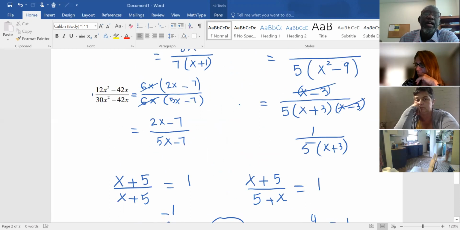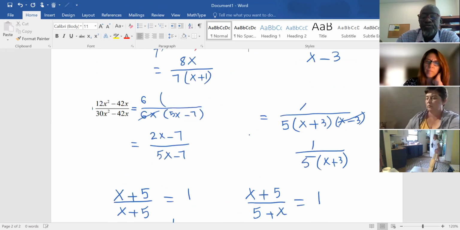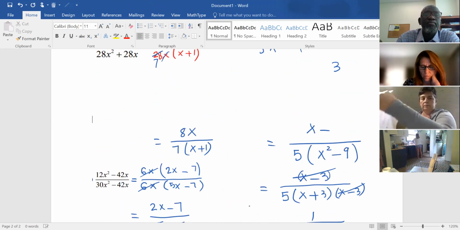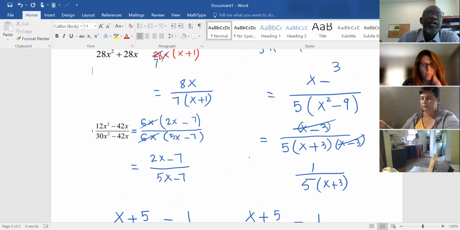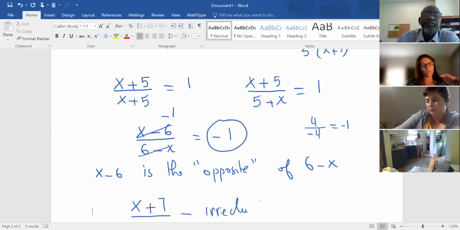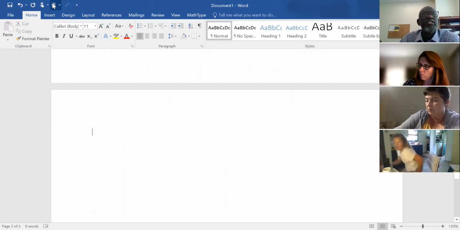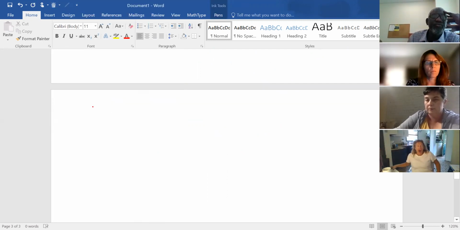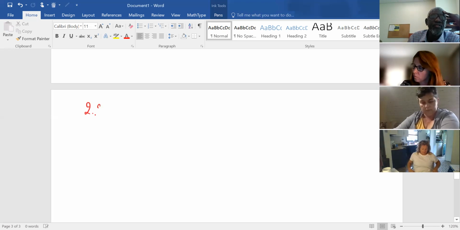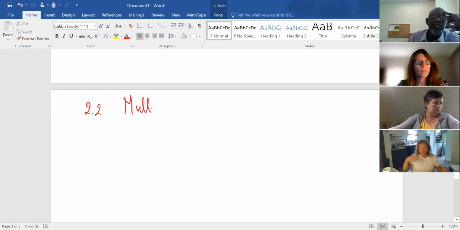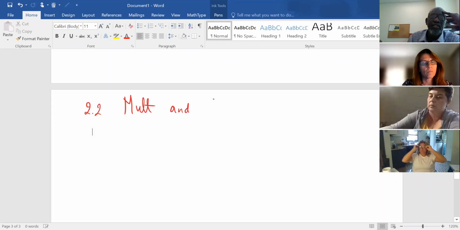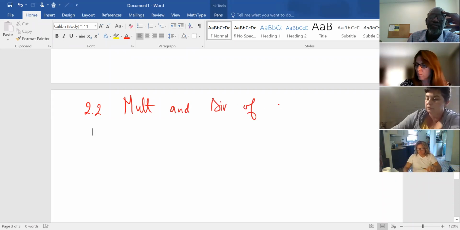Now after learning how to factor, the next thing you're going to learn is how to do some operations. That is our next topic: multiplication and division of rational expressions.